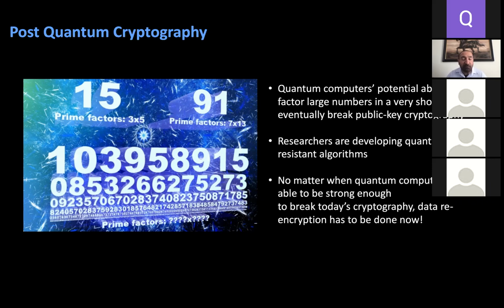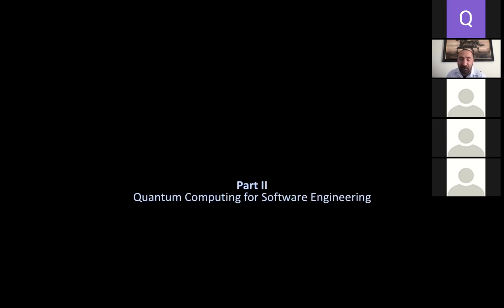So it's important to start re-encrypting the data and adopting new quantum resistant protocols with new quantum resistant algorithms. And at JPMorgan Chase, my team and I are also working on quantum key distribution, one of the solutions for this problem.